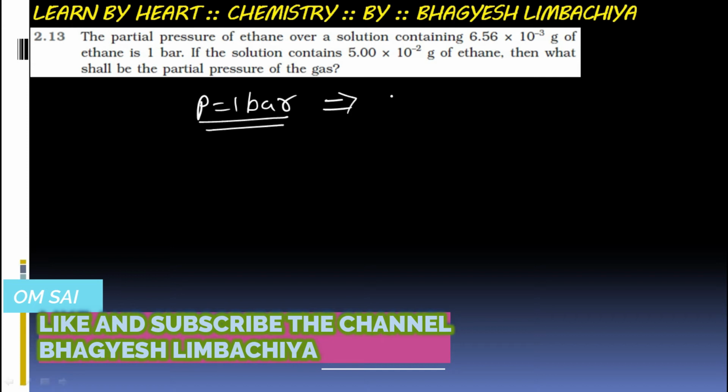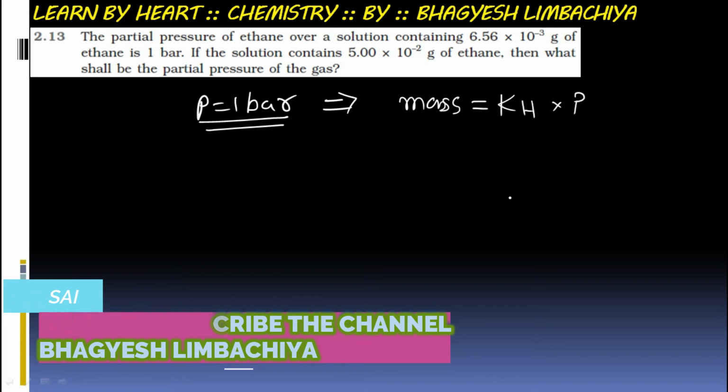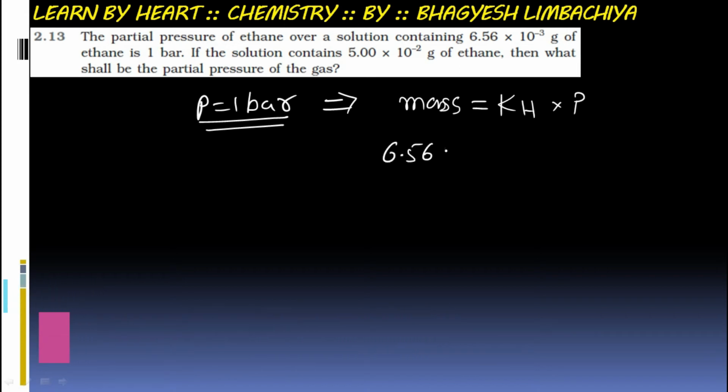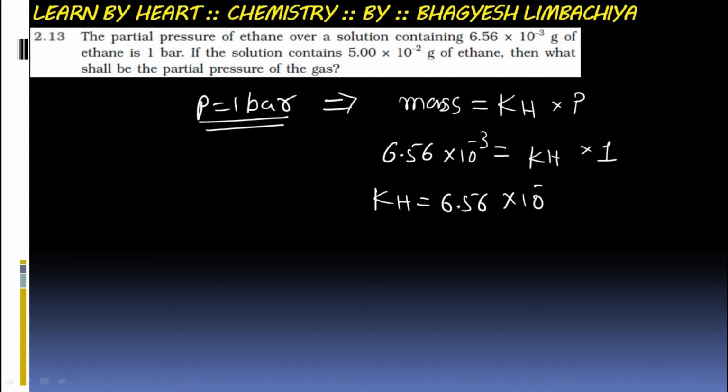So according to Henry's law we can write a simple formula: mass equals KH multiplied by partial pressure. So here we can write 6.56 into 10 raised to minus 3 equals KH into 1, because P is 1 bar. Thus KH equals 6.56 into 10 raised to minus 3.